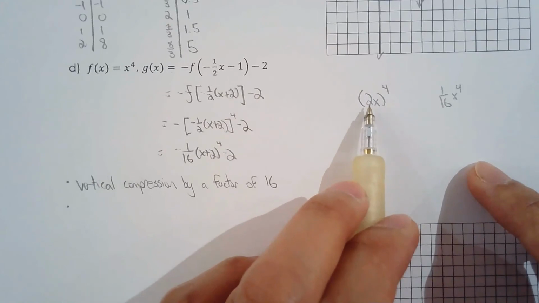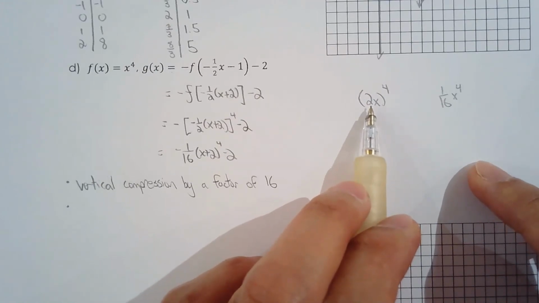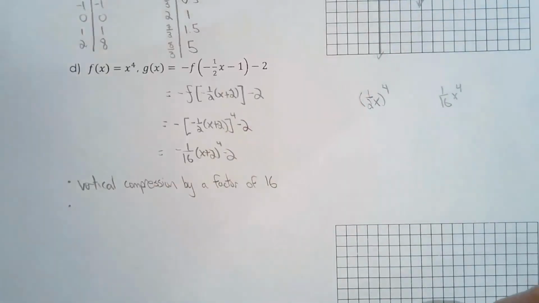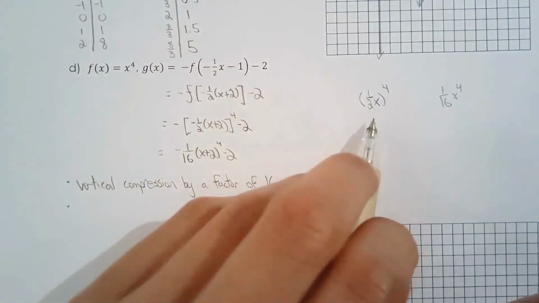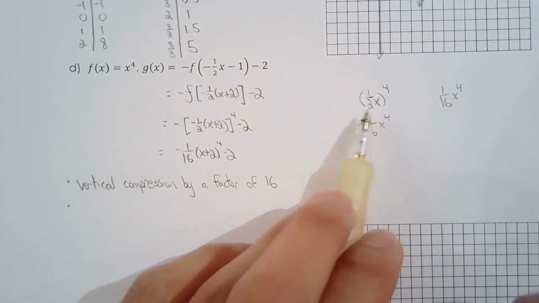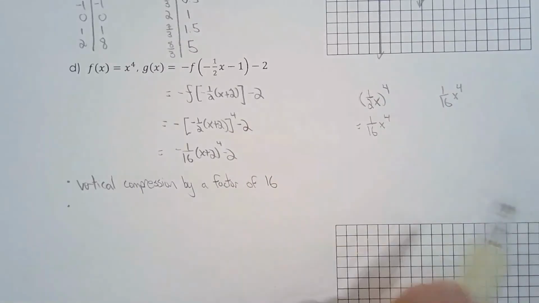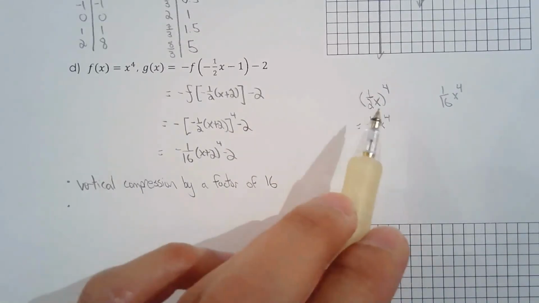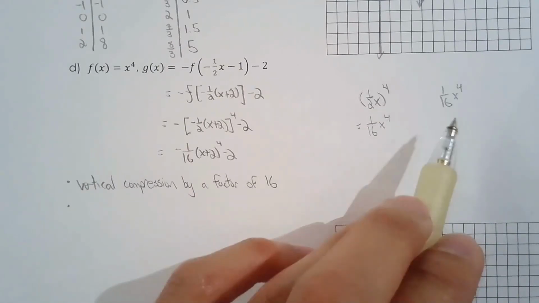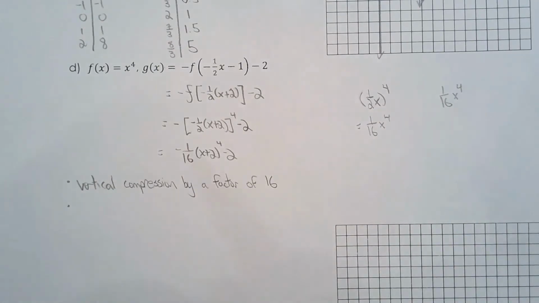This is a horizontal, sorry, let's say 1/2. This is a horizontal stretch by a factor of 2. If you were to expand or simplify this, you'll get 1 over 16 x to the power 4, which is the same thing as before. So that's why you can create an equivalent horizontal stretch or compression factor to offset that vertical stretch or compression factor.